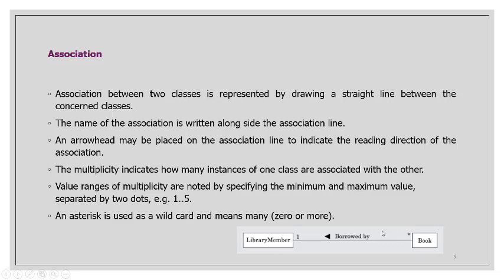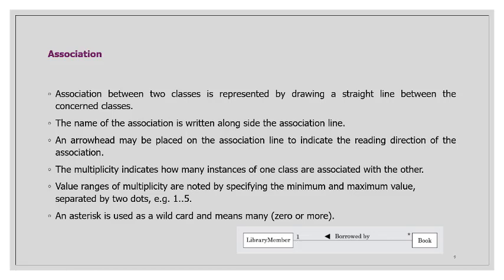Here, star and 1 means that any number of book members may be associated with a single library member. Any number, 0 or more, of books may be borrowed by a single library member. So this is called association.